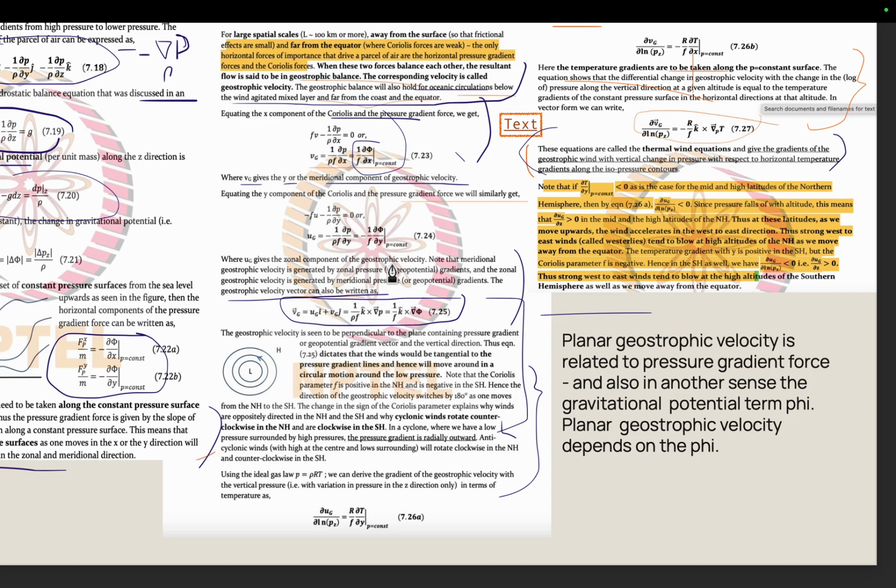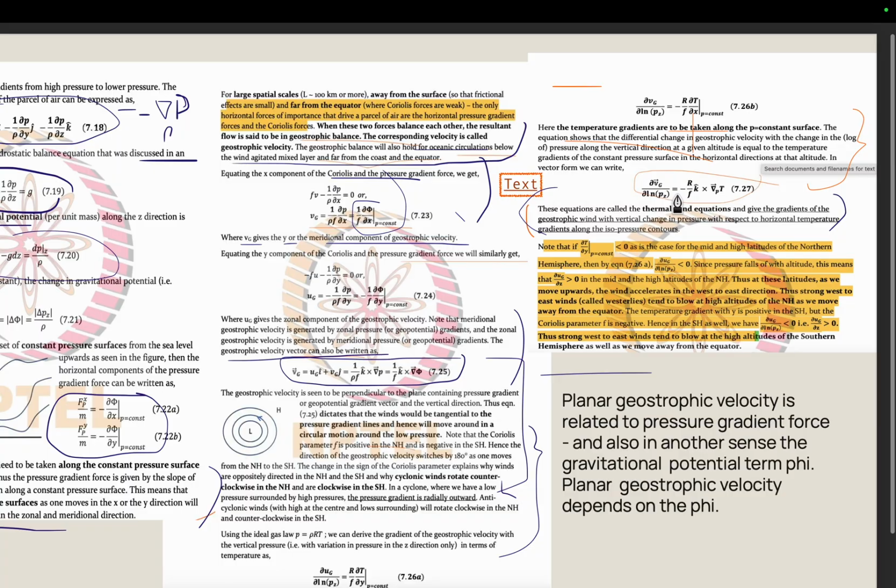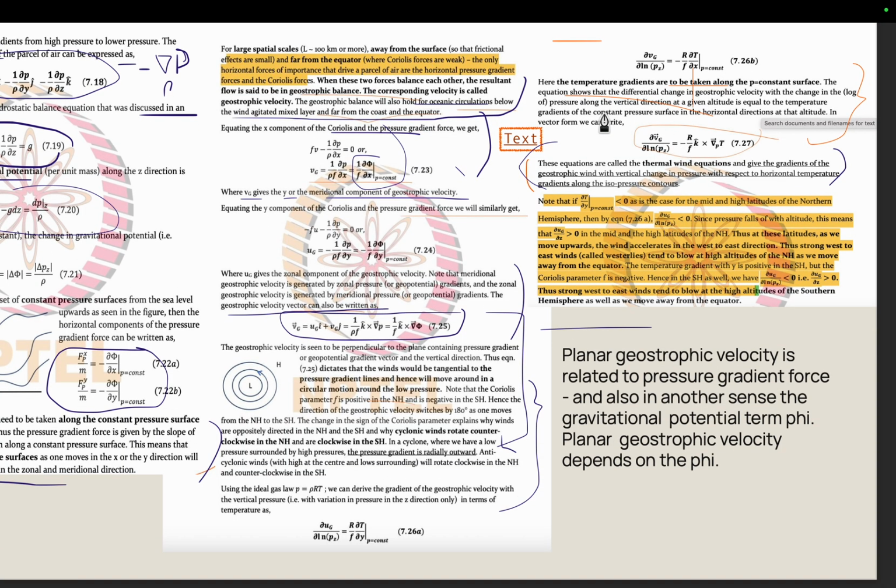Also you can rewrite 7.23 and 7.24 by using the ideal gas law, that is, the pressure is equal to rho k_B T, and by writing that you will find how the Vg varies with the pressure gradient and the temperature gradient.